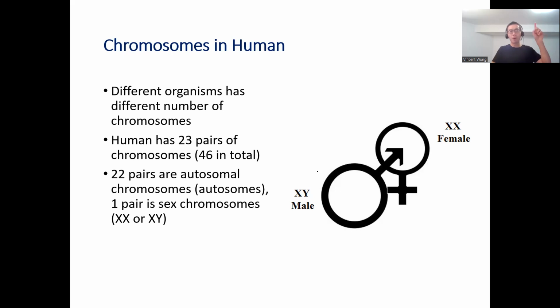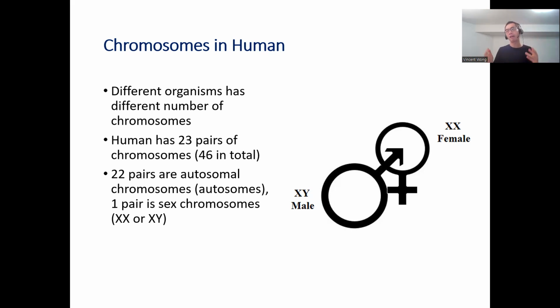That's chromosome number 1 all the way to chromosome number 22. These are all autosomes. They determine basically every aspect of your body except for the sex. Like your eye color, to a certain extent your height, right?